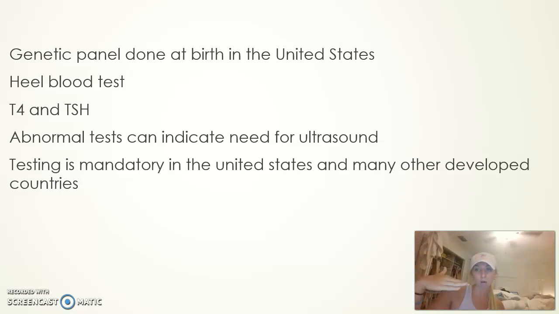If that comes back low, let's say, or abnormal, then that could be an indication for an ultrasound of the actual thyroid gland. When they do that, they get a clearer look. They can see the size of it, all that kind of stuff. So that tells them a lot, and that can confirm the diagnosis of congenital hypothyroidism.